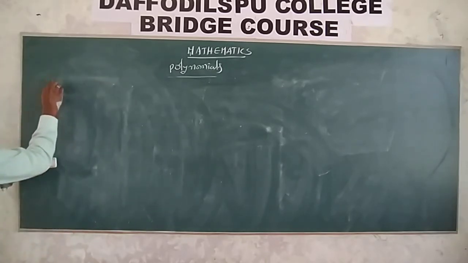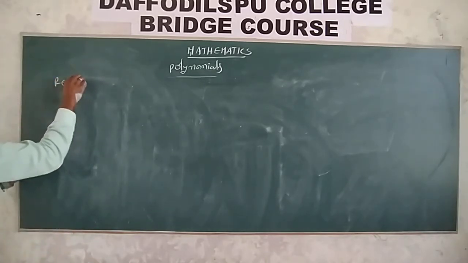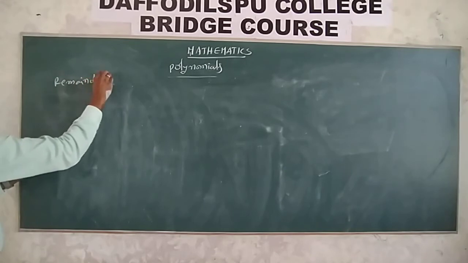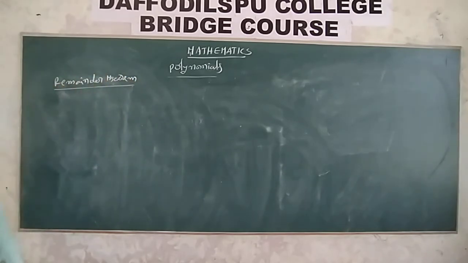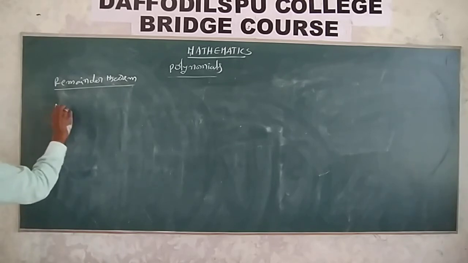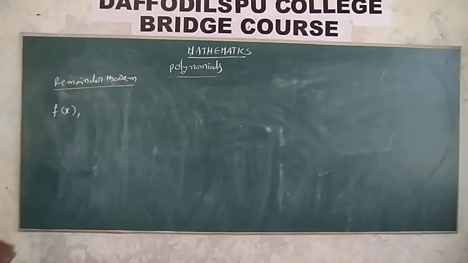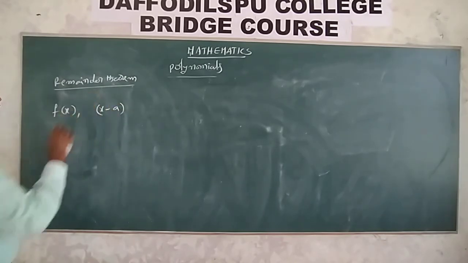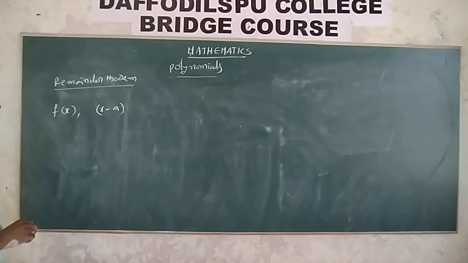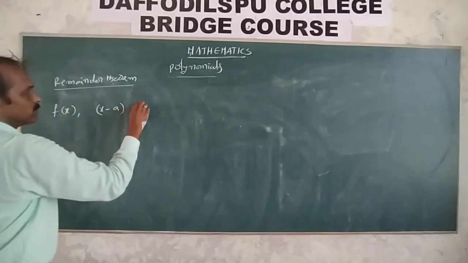Remainder theorem. Okay, what is the remainder theorem? F of x is any polynomial and a is any real number and x minus a is a divisor.